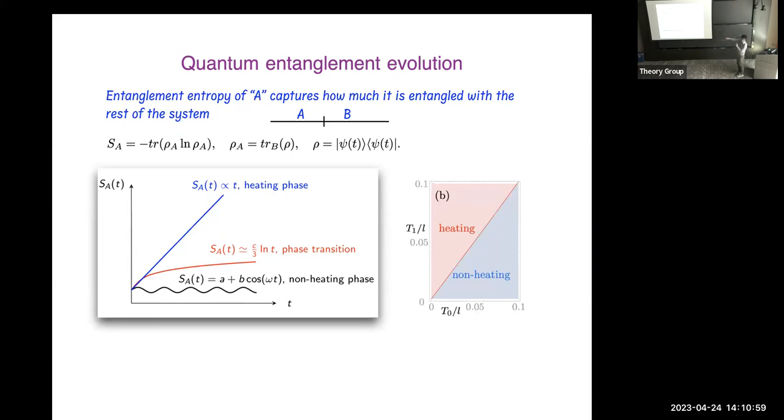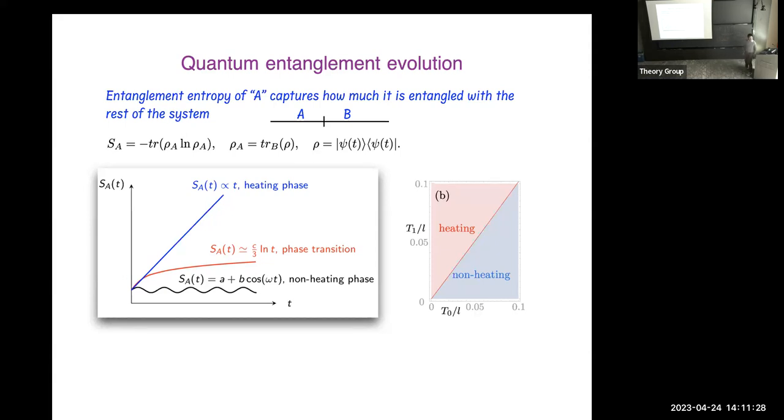This is as expected because the operator simply oscillates in time. However, if we are in the heating phase, the entanglement entropy will grow linearly in time. And at the phase transition here, the entanglement entropy will grow as log t. And the coefficient of this log t is central charge over 3.